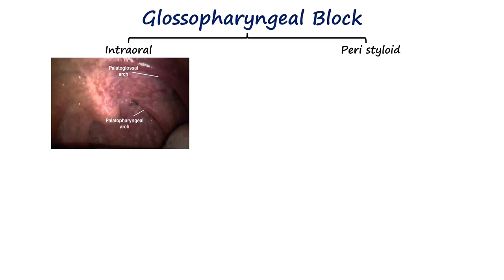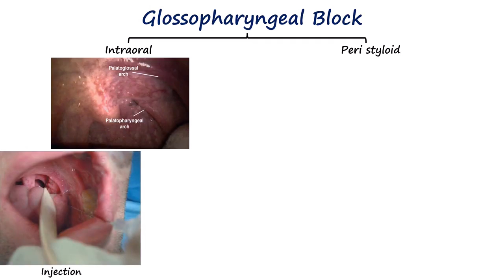Then, using a tongue depressor to expose the posterior tonsillar pillar, we inject about 2 to 5 ml of 2% lidocaine submucosally at the caudal aspect of the posterior tonsillar pillar, approximately 0.5 cm lateral to the base of the tongue. The needle is advanced only about a quarter to half a centimeter in depth. We can use a 22 or 25 gauge needle, and it is important to aspirate before the injection. We then repeat it on the other side.